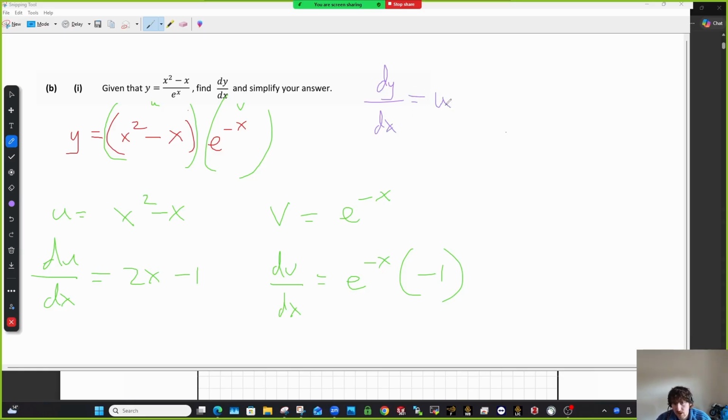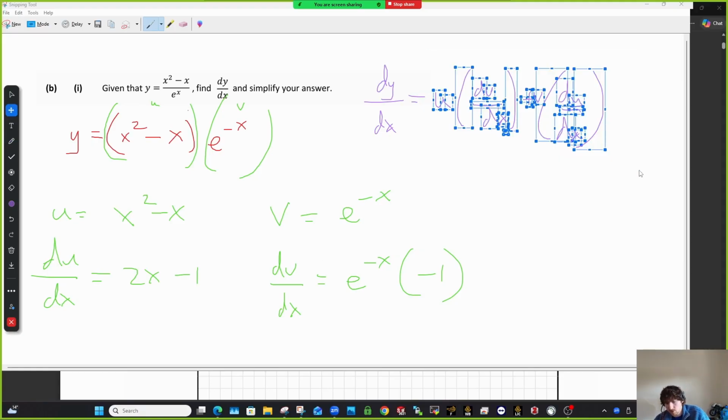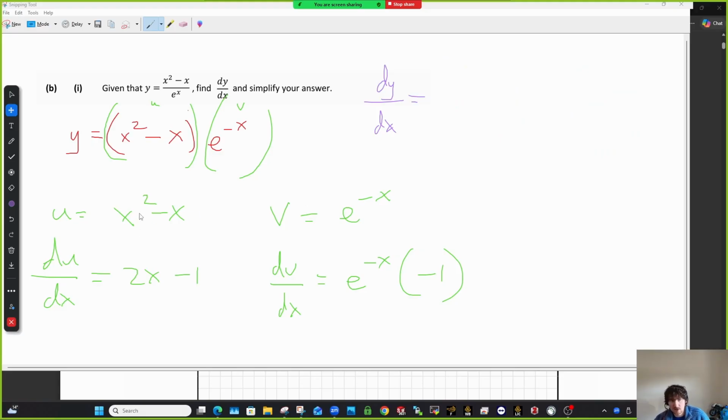It's just u dv/dx, and then it's always a plus, v du/dx. It's pretty easy to remember this rather than having to look at the tables book. All you do is pick out whichever, because it's a plus and it doesn't matter which order you add them in.